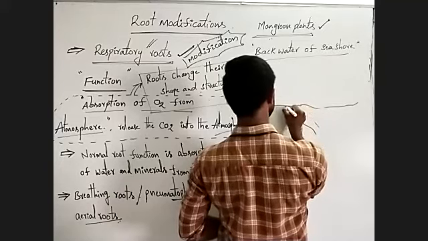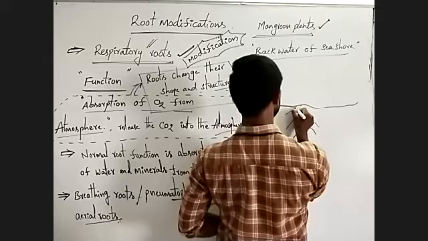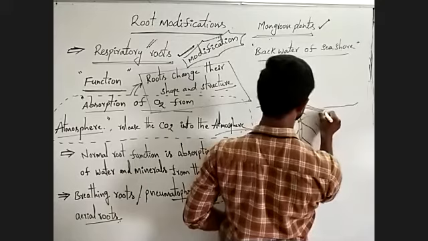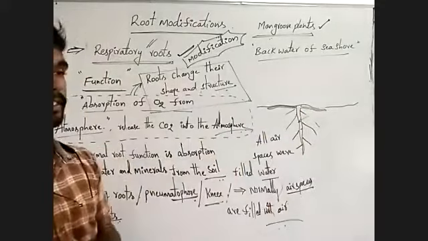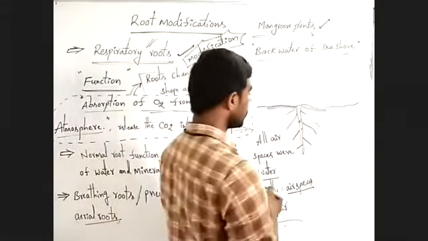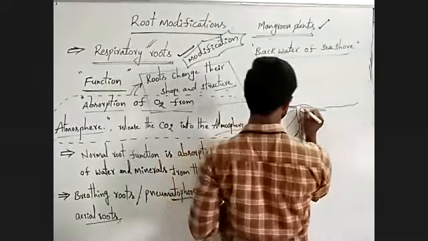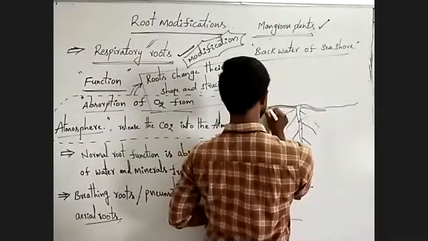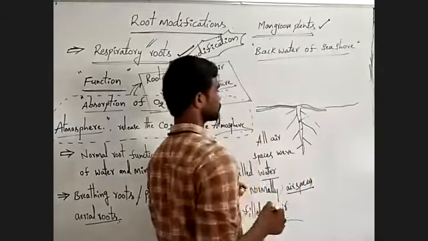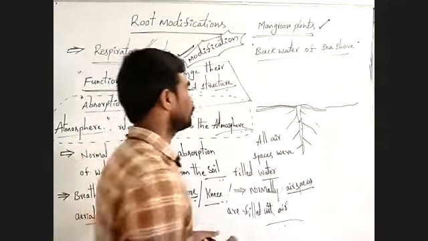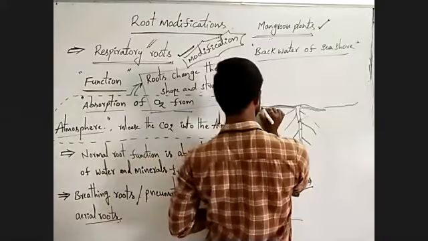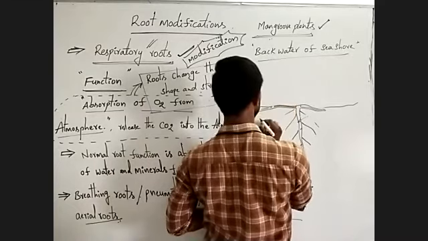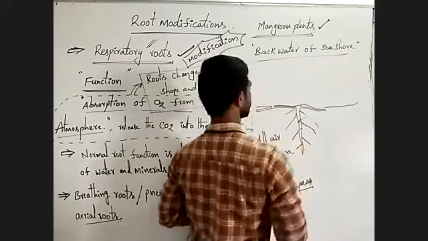Lateral branches are grown horizontally inside of the soil, for example, like this. Lateral branches are grown into the soil from the upper regions of the root. Observe carefully.